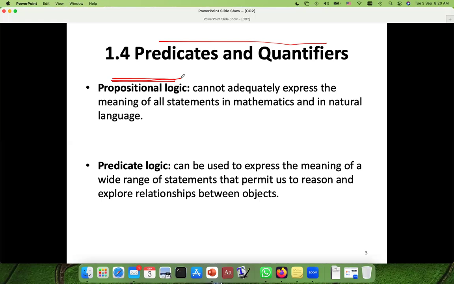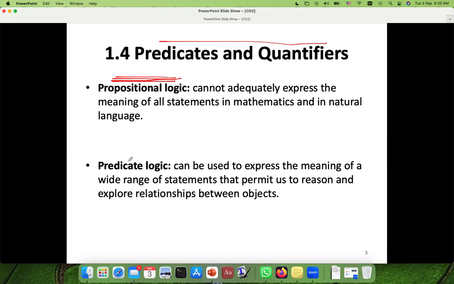Sometimes we cannot handle the actual meaning given in the sentence in mathematical equations. This is the deficiency of propositional logic.